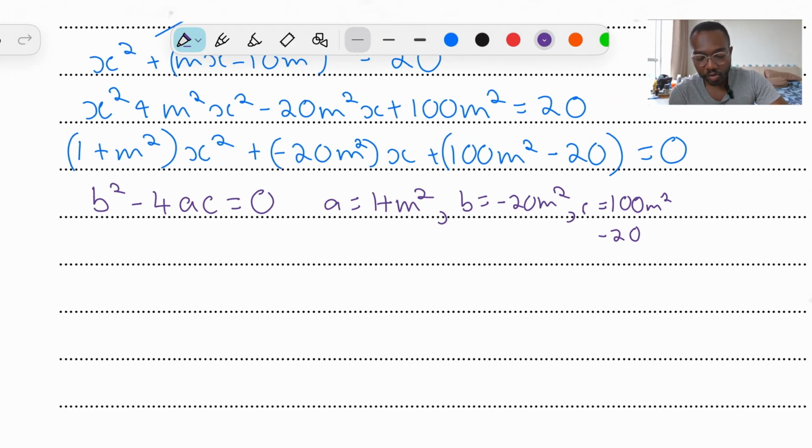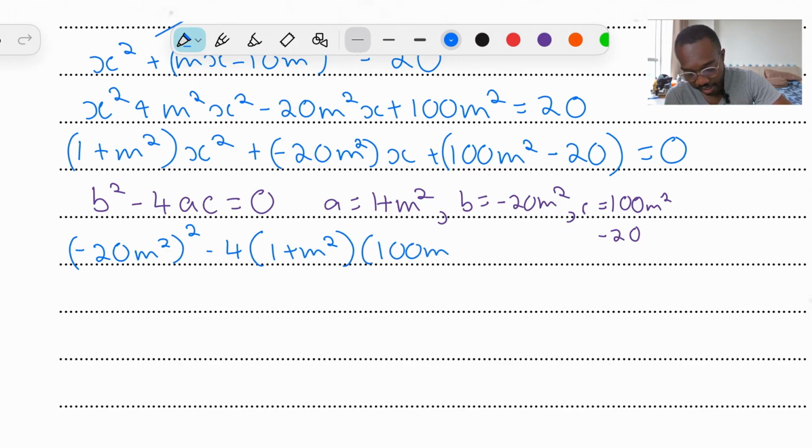If we put that into the formula, what do we get? Okay, so we would get minus 20m squared, that's all being squared. Now we get minus 4 times a, so we get minus 4 times 1 plus m squared, and times by c, which is 100m squared minus 20. Okay, and this all must equal 0.